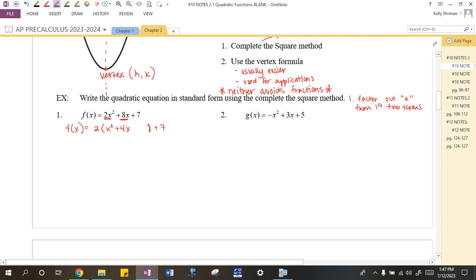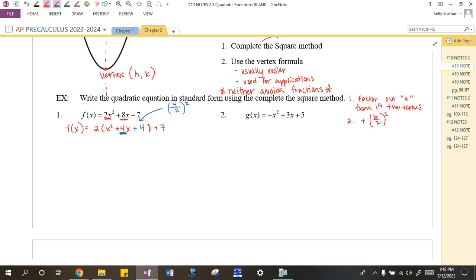So after you factored out the a, look at the b value, the b divided by 2 value. So in that position, we're going to take the 4 divided by 2 and square it. So 2 squared is 4. So for step 2, I'm going to say add b divided by 2 squared.